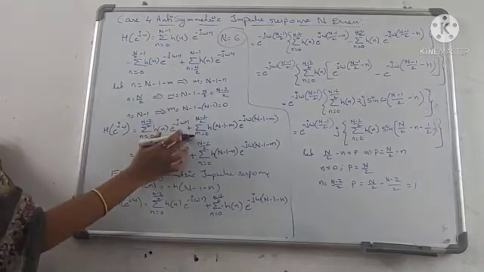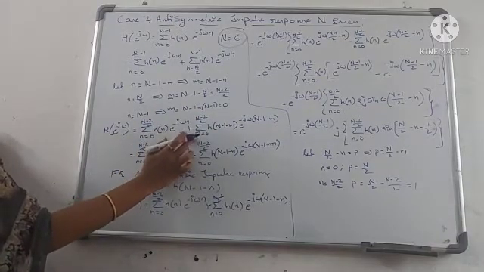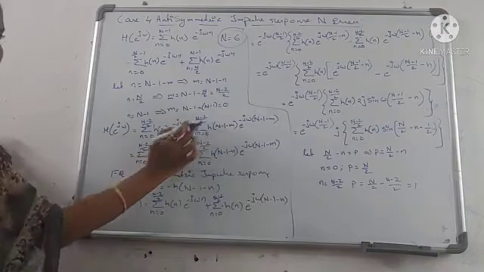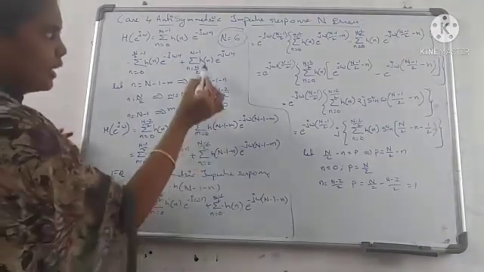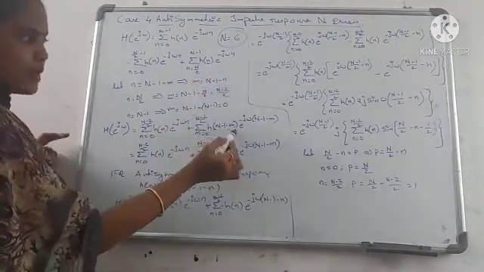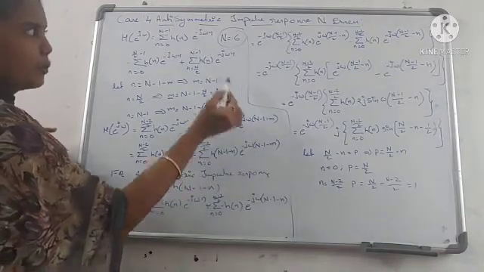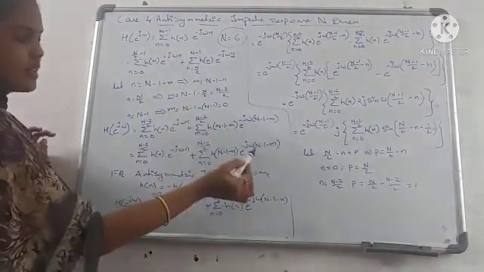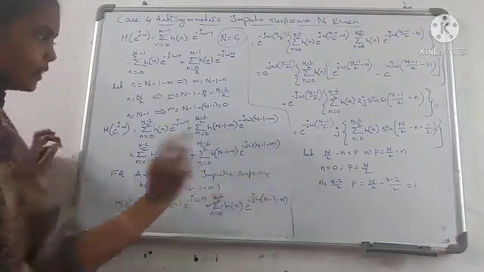So now you have to change the limits from m equal to 0 to (N minus 2)/2. In place of n, substitute N minus 1 minus m in e^(−jωn).